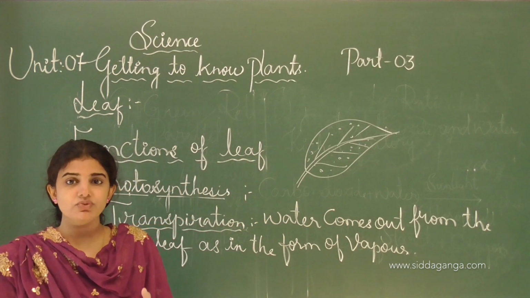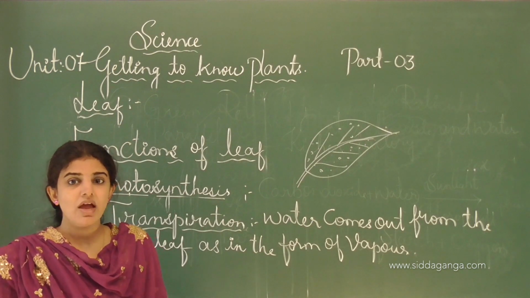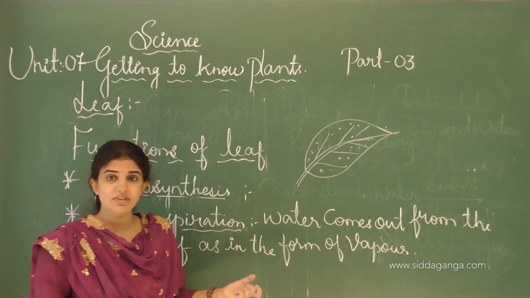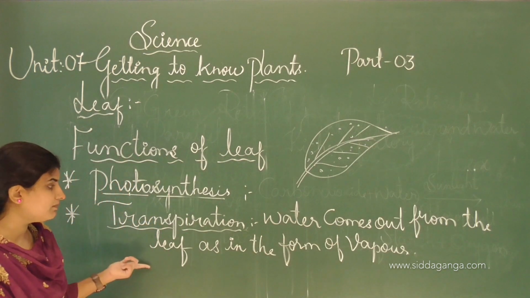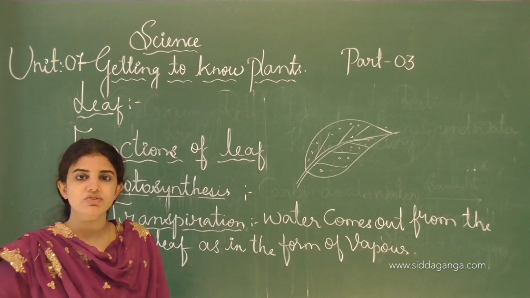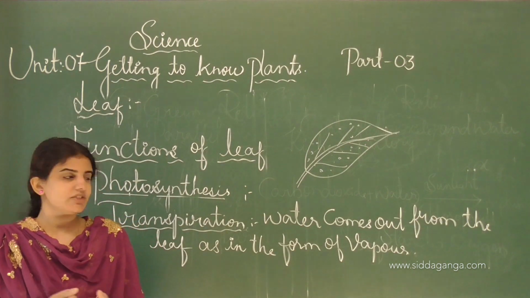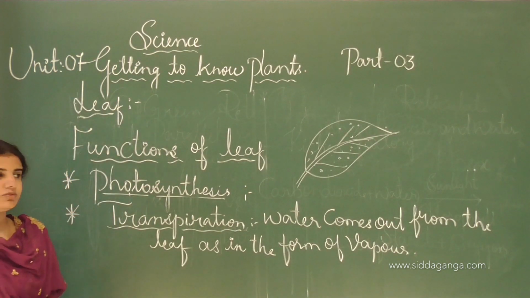These pores are responsible for exchanging various types of gases, and also to remove the excess of water which is present in the plant, so that it makes the plant become cool in summer situation and also in different types of conditions. See, this is how the transpiration process takes place.